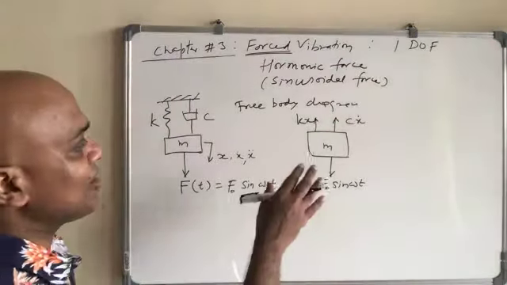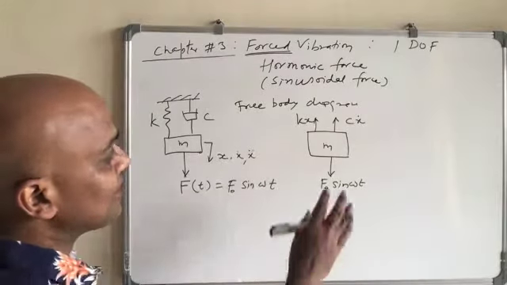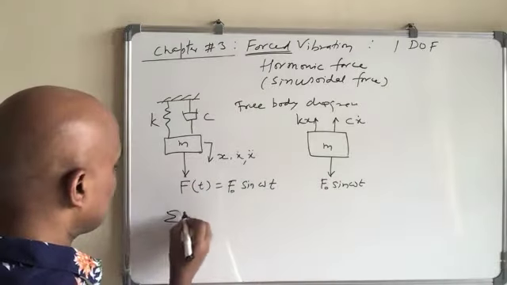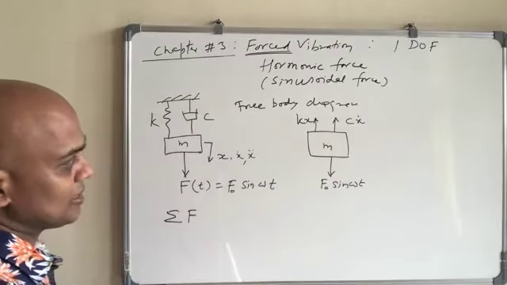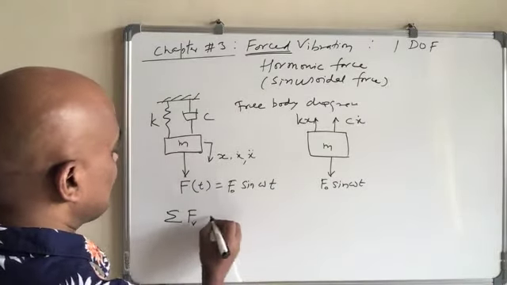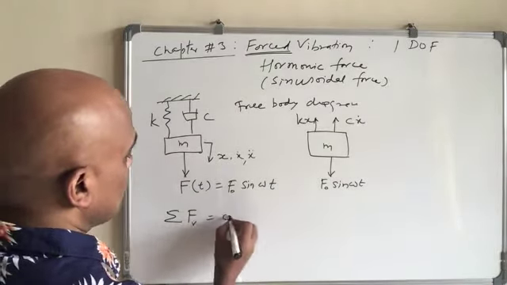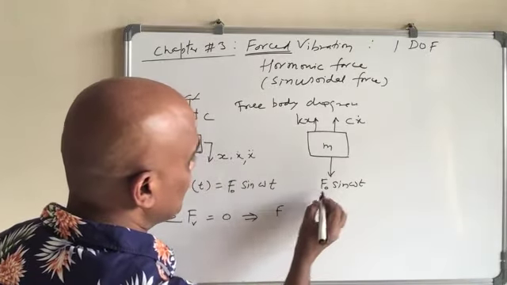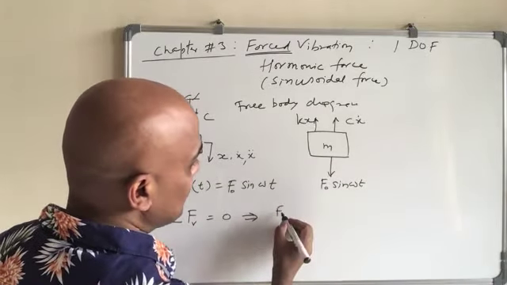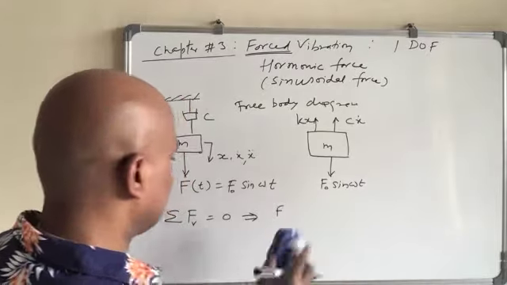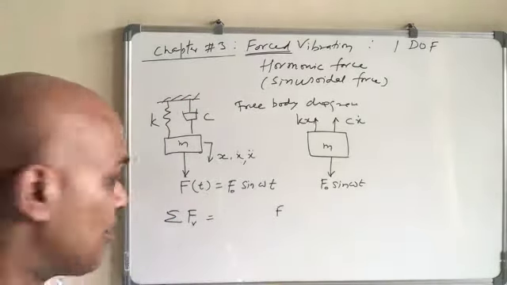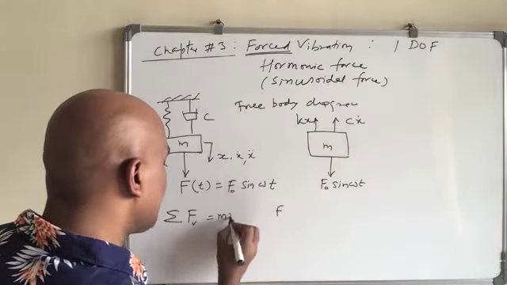So we can write the equation now. The summation of all forces in the vertical direction is not equal to 0, since this is a dynamic problem, so it equals m x double dot.